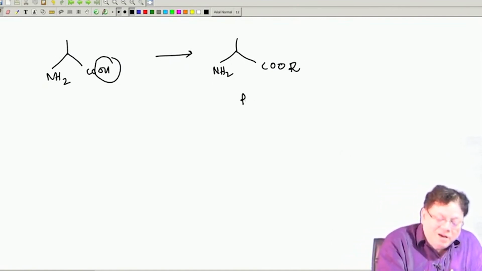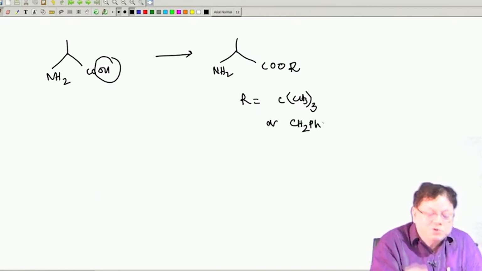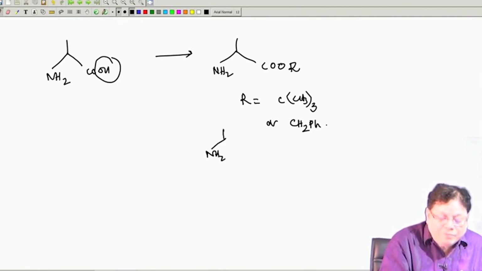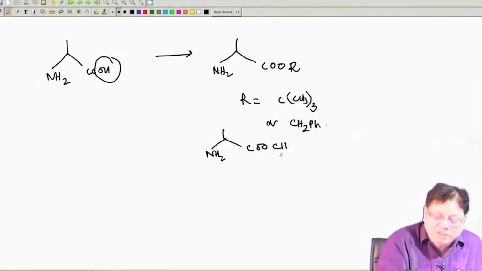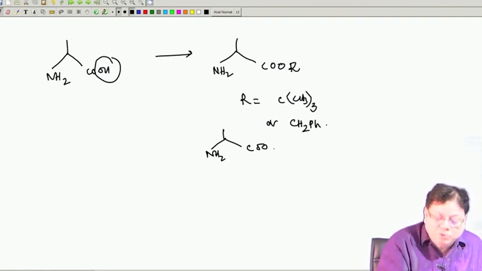What is R? R is again either T-butyl, C(CH3)3, or it could be again benzyl, CH2Ph. That means the carboxy is protected either as the T-butyl or as the benzyl ester. Remember, there are a lot of other protecting groups that are used, but I am telling you the most commonly used protecting groups.